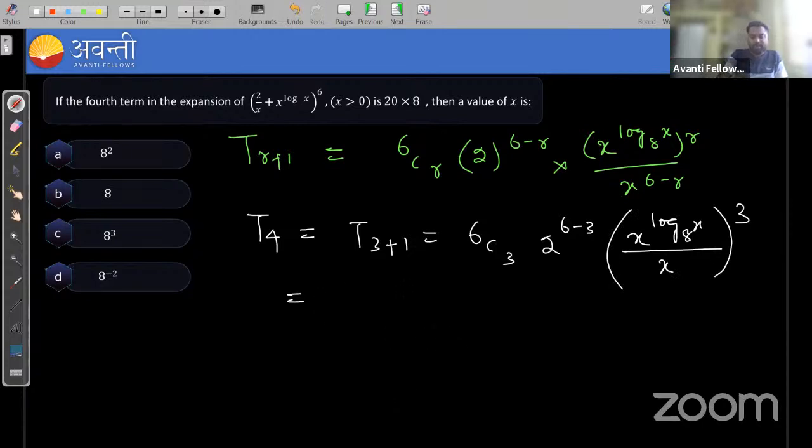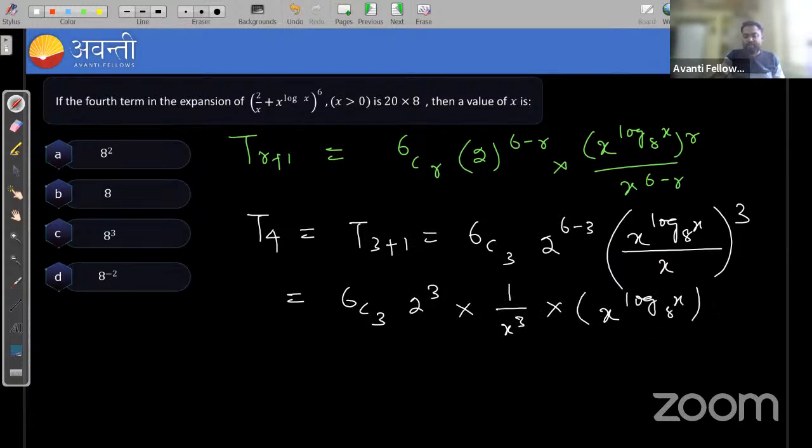Further simplifying, we get 6C3 into 2 to the power 3 into 1 upon x cube into (x to the power log of x to the base 8) whole to the power 3.